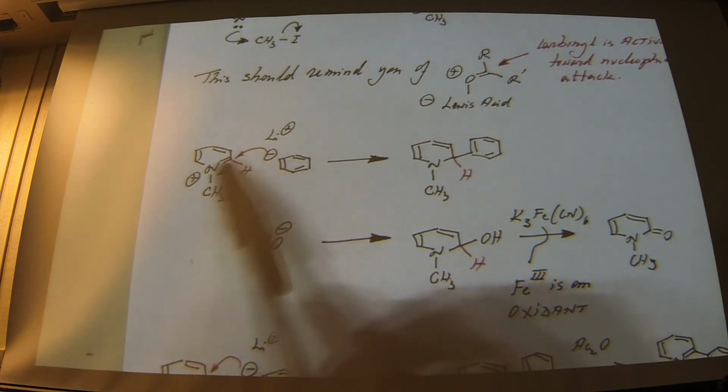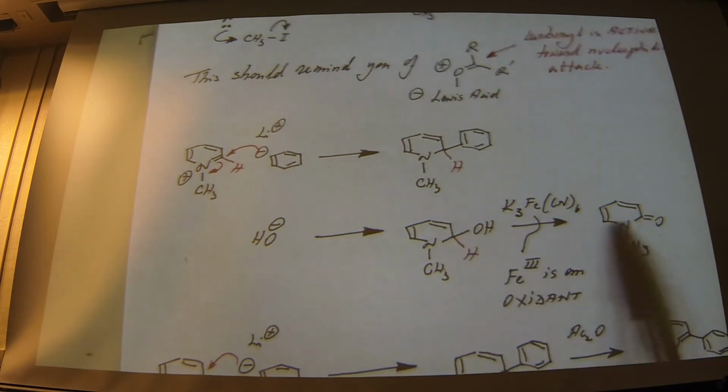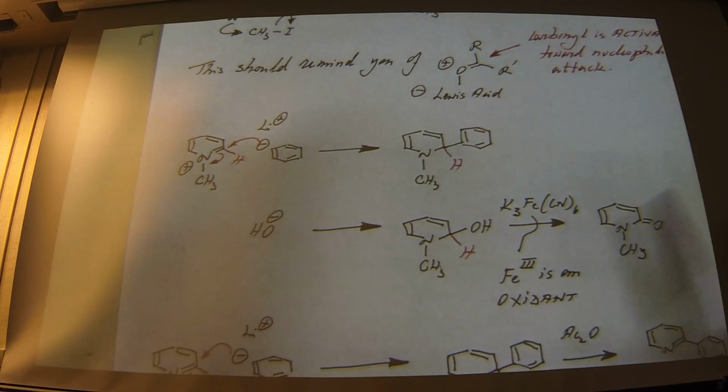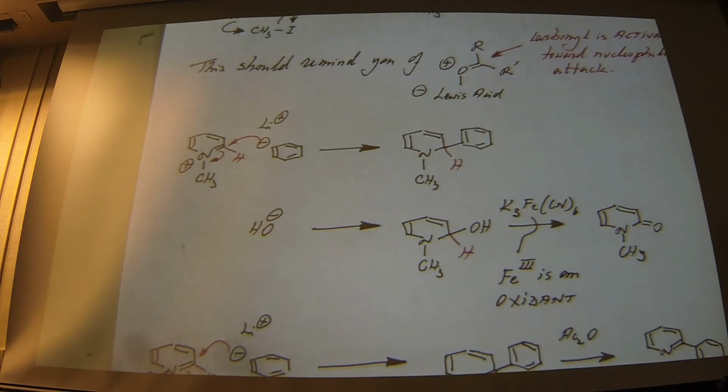You can do nucleophilic addition of hydroxide, and then you can oxidize this to the N-methylpyridone. So all of this chemistry, don't memorize these reactions. Just understand what's going on from a framework of what you learned before. This is a secondary alcohol. Secondary alcohols get oxidized. And so you can think of the oxidation process as one that removes the elements of H2 from here to give you the carbonyl.